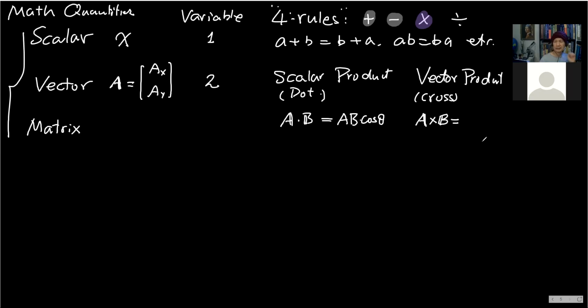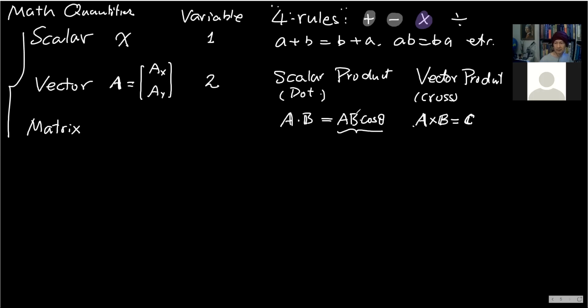That's one application of vectors in physics. The cross product will give you a new vector, we can call it C, right?